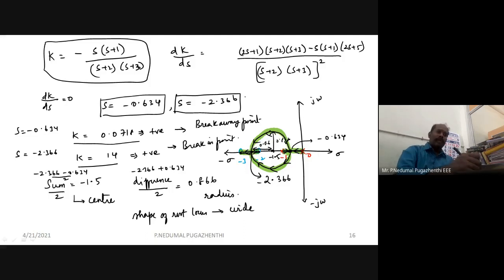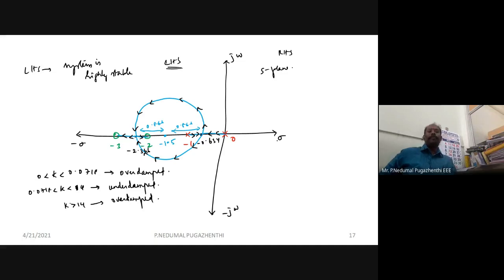So for whatever value of k you choose from 0 to infinity, your root locus will be inside the left-hand side of the S plane. That is what is there in the final diagram also. Even this is not drawn to scale, but this is going to be 0.866. All the radii of the circle will be 0.866.